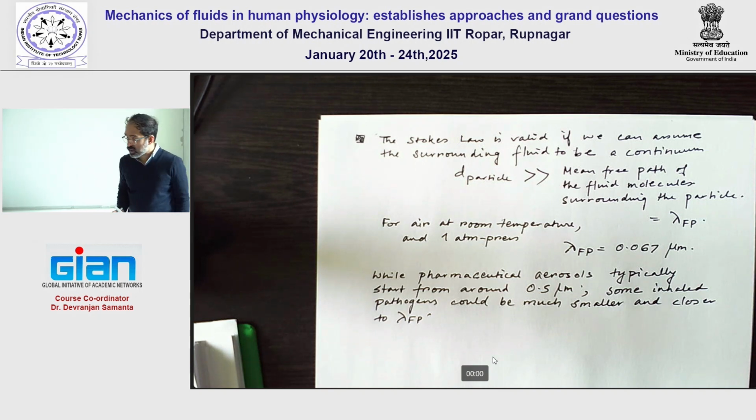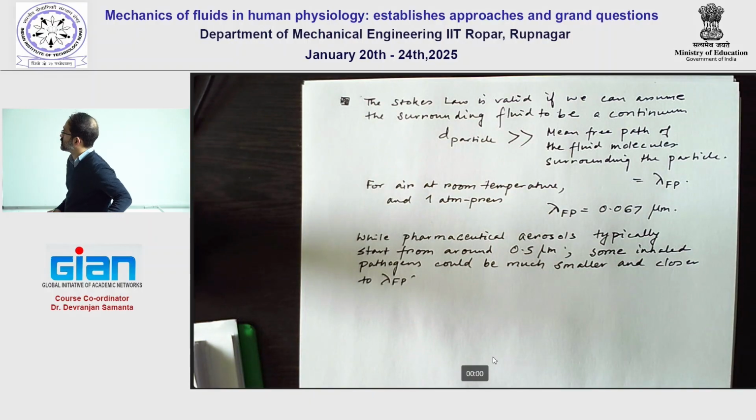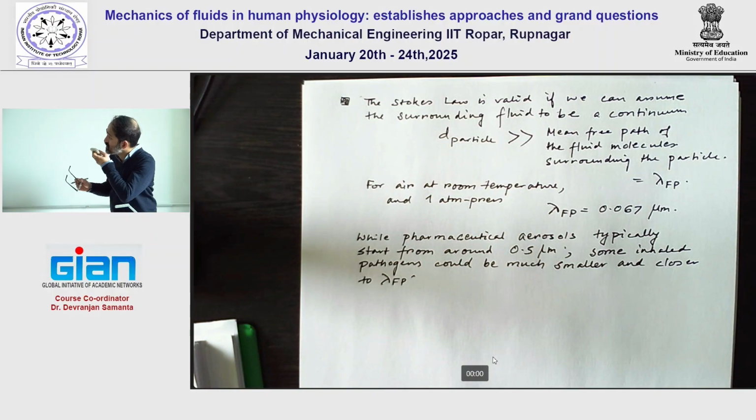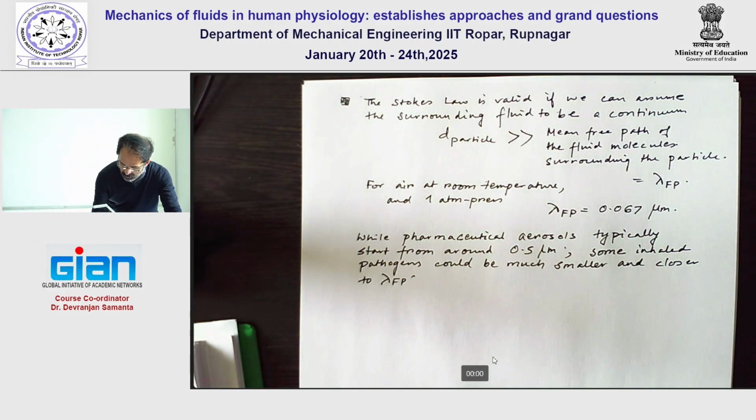Now, what happens if we do need to consider those so-called very small particles? Let's check what kind of correction we will need in our formulation if the particle sizes get smaller than what we have been using until now.